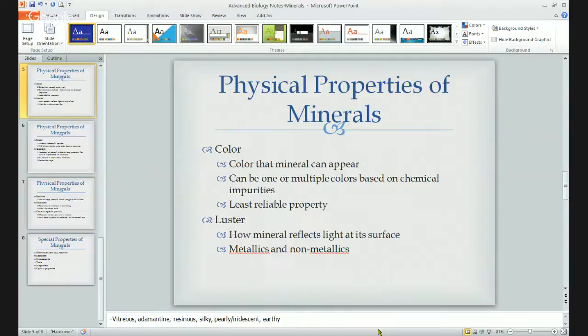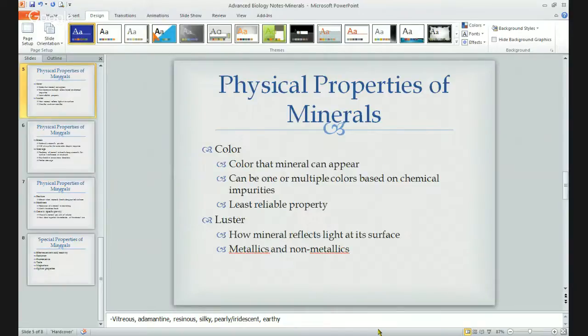If it looks kind of waxy, it might be silky. If it looks kind of like the inside of a seashell, pearly, we would call that pearly or iridescent. And the last one, if it looks dull or dirty, we might call that earthy. So those are descriptions of non-metallic minerals.